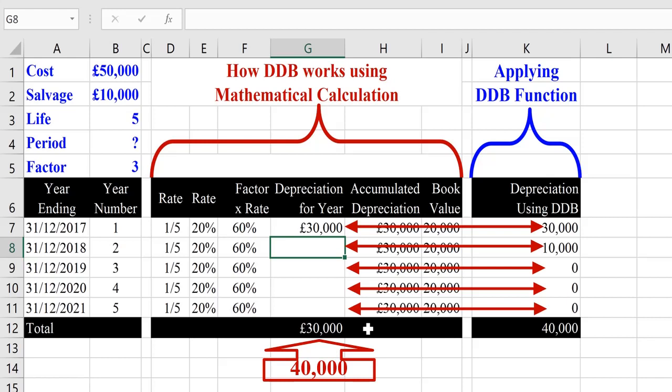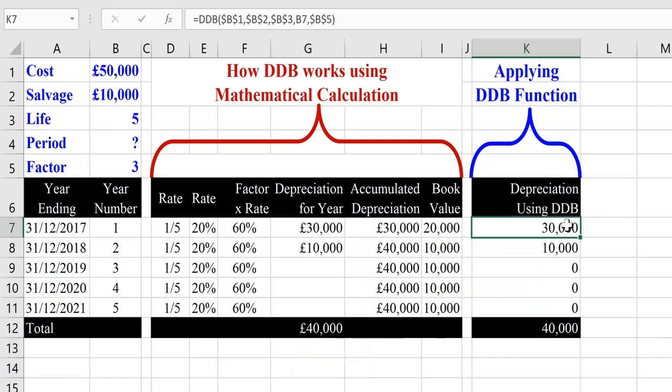So the last one should be 10,000. It cannot go beyond 40,000, and in this case DDB has automatically calculated 30,000, 10,000 and 0. So that was basically how the mathematical calculation works for DDB, and the actual application of the DDB function to calculate depreciation.